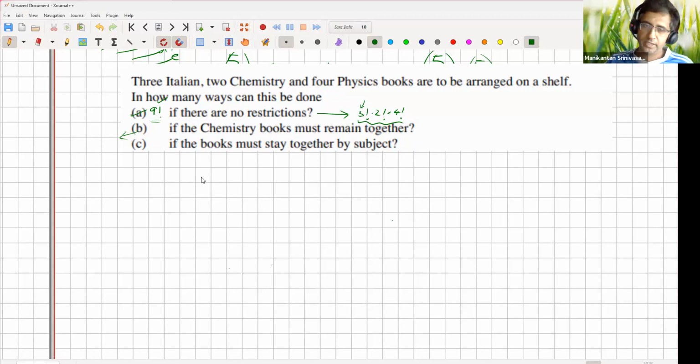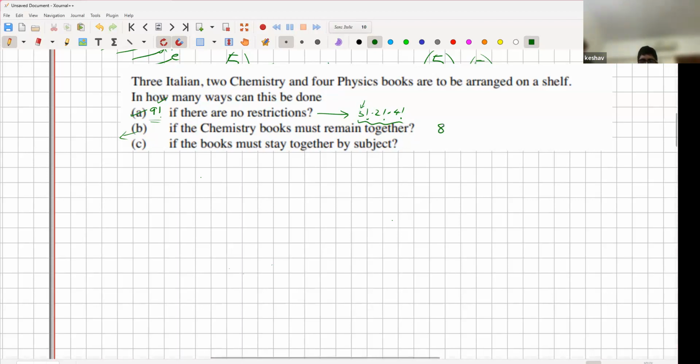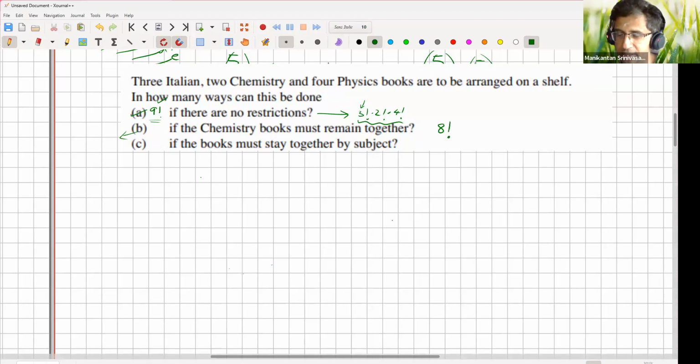Yeah, Keshav, you have something now? I think I got 8 factorial, but... Explain. Very close. Okay, explain, please. And I'm sure you'll figure it out.